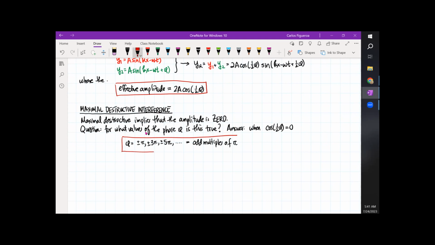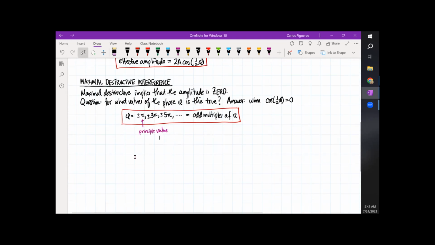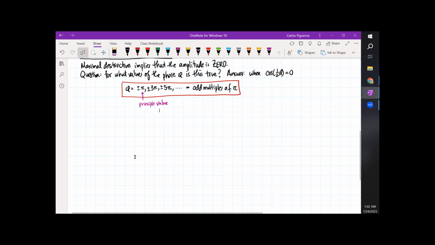So if I want to see destructive interference, where the amplitude is 0, I have to choose odd multiples of pi for phi. Note that the first value is typically called the principal value, and it's typically plus pi. It's just convention. So what does this mean?